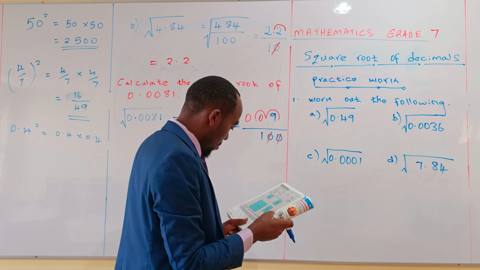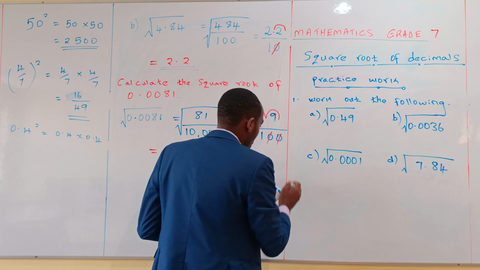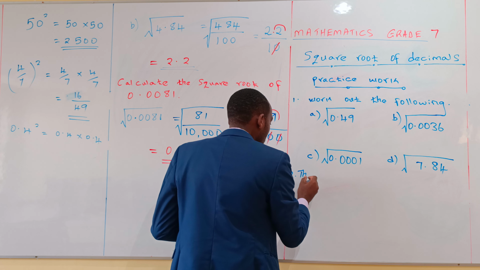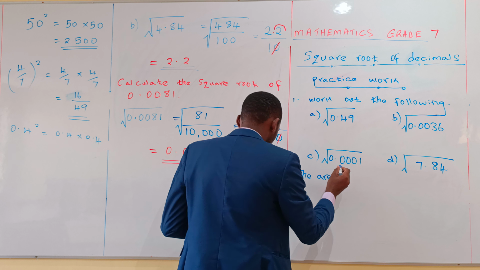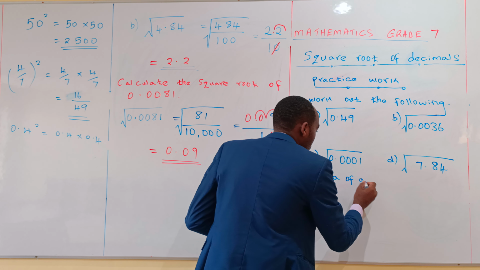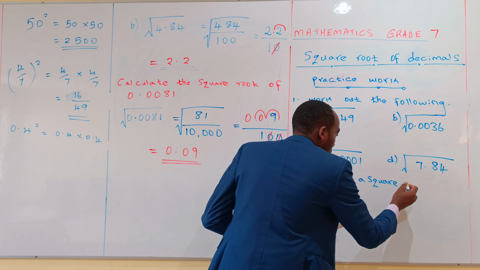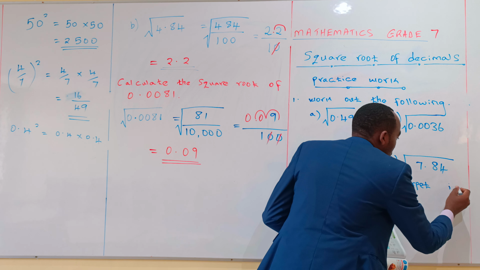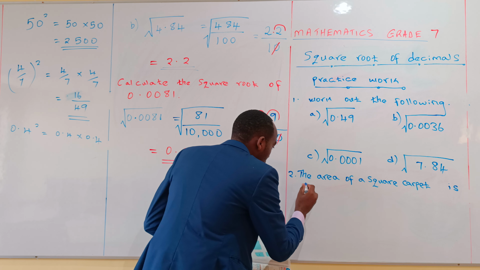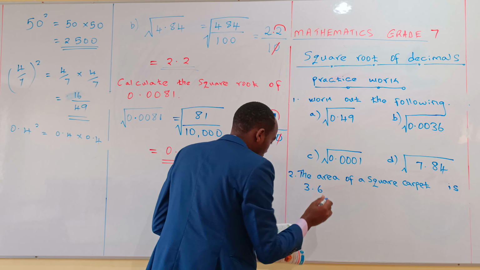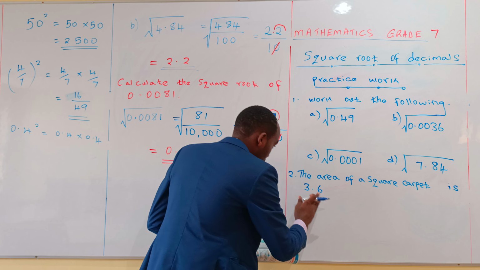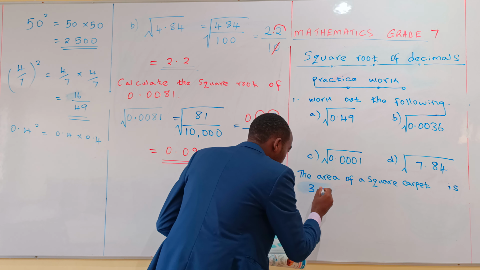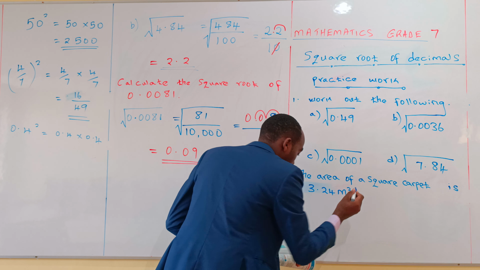Yeah, let me give you one more question where you're told the area of a square carpet is 3.24 meters squared.